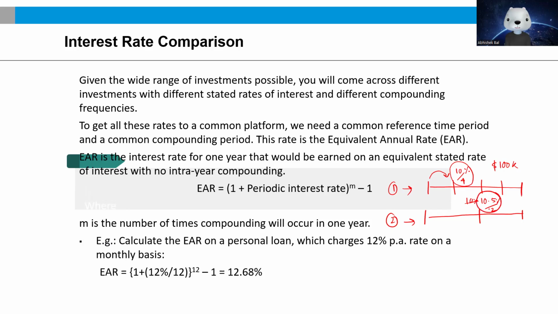Just because 10.5% seems better, we must not forget that the 10% security pays much sooner. We have to wait for 6 months before we could get the first cash flow of 5.25%, whereas we can get the first cash flow of 2.5% within 3 months itself, and another 2.5% in another 3 months, right?